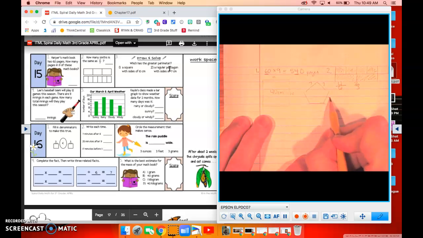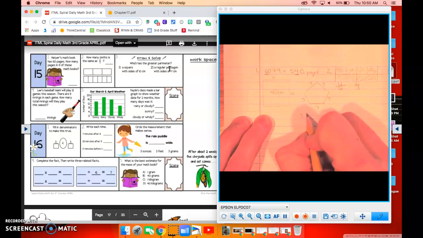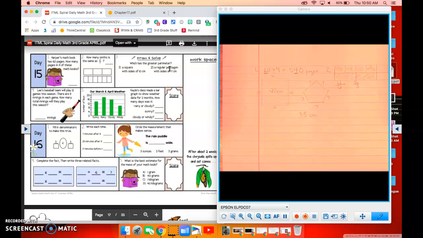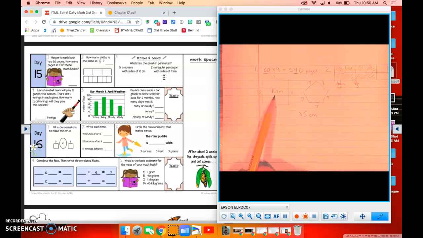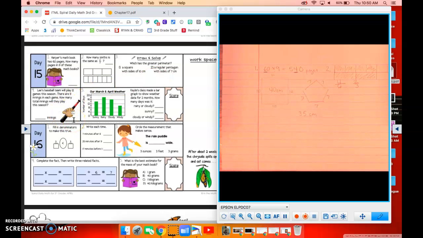So we'd have 1, 2, 3, 4, 5. So 7 times 5 is 35 centimeters for our perimeter. This was 10, 10, 10, and 10 for 40. So which one has the greater perimeter then? The square.